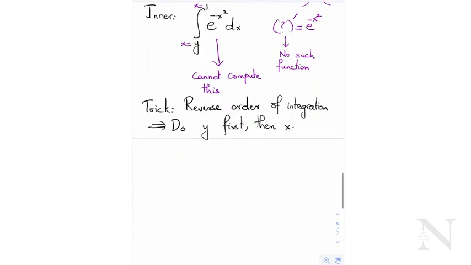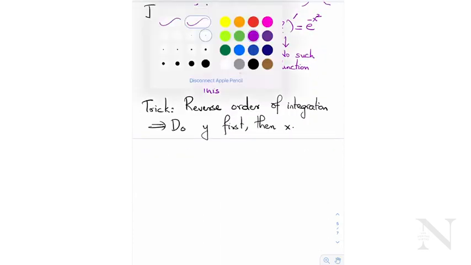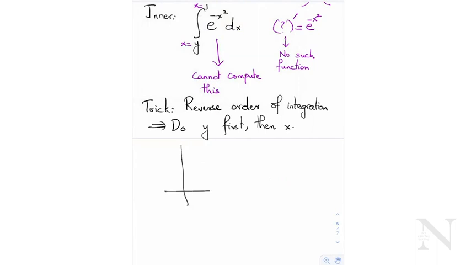So I'm going to redraw that picture here. Same triangle. This was what we had as x equal to y, x equal to 1, y equal to 0, and this point is (1, 1), which means you're going to y equal to 1. Remember that y equal to something is a straight line parallel to the x-axis, and x equal to something is a straight line parallel to the y-axis.